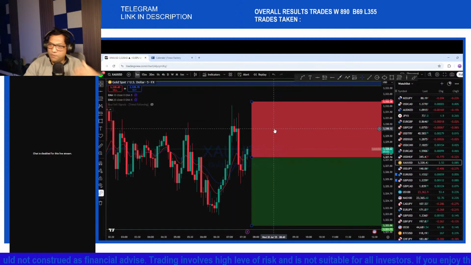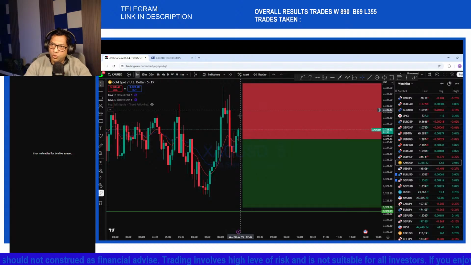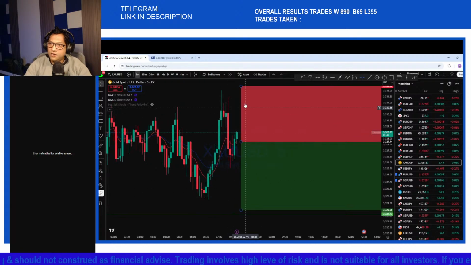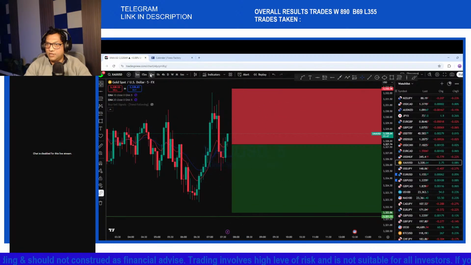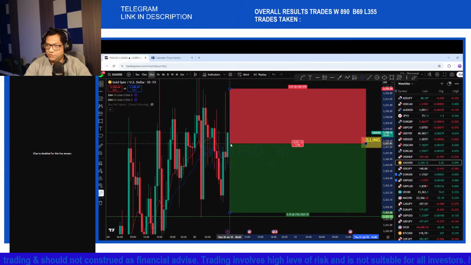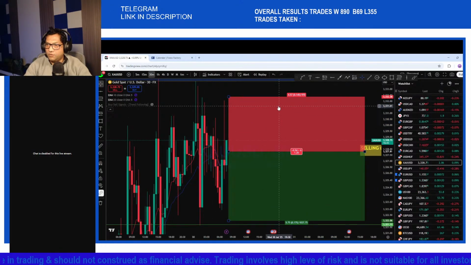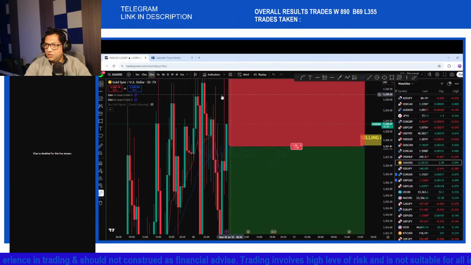Now the possibility for this market to go down here rather than going up is higher. That's what the strategy is being used here. And from the 30 minutes also, there is a long wick doji.